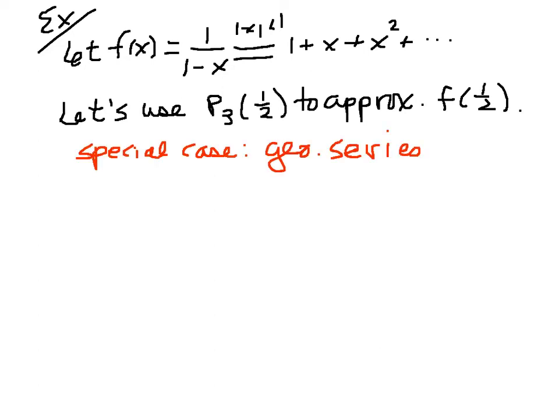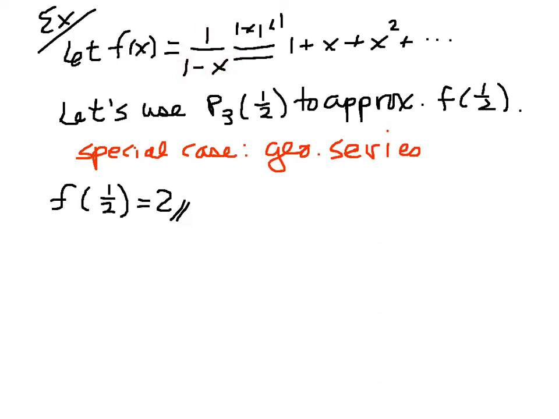So it's important to note that this is a special case, and it does make things a lot easier. As we have already discussed, this is a geometric series, and it has a lot of special properties that we'll bring to bear on the solution. First of all, let's note that f of 1/2, in other words, what we get when we put 1/2 in here, is just equal to 2.